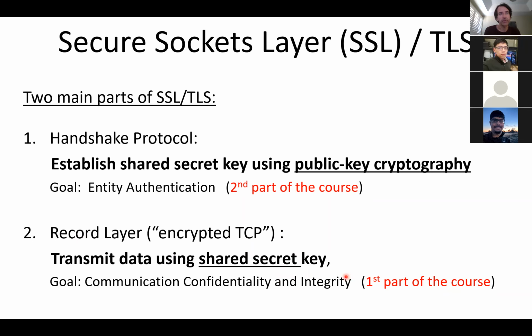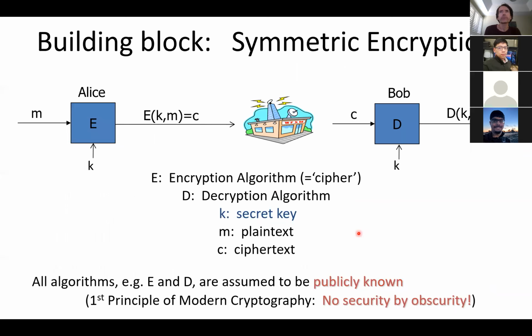So this is what symmetric encryption accomplishes. One of the things that it accomplishes. The workhorse of cryptography is symmetric encryption. It's a pair of algorithms, E for encrypt, D for decrypt. The algorithm E takes two inputs.